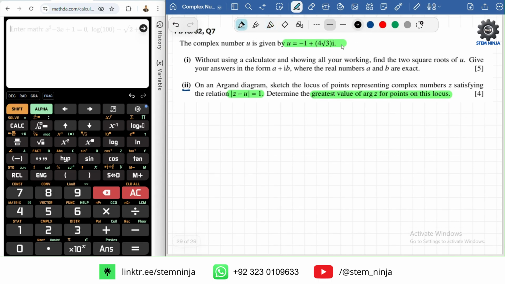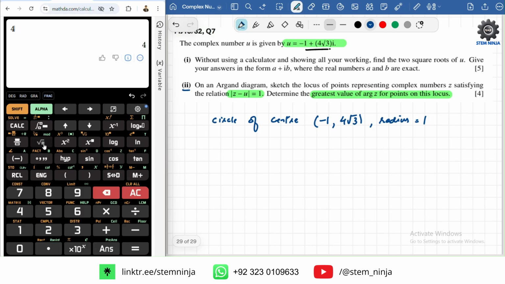So basically this is the center of the circle, a circle of radius 1. So this is a circle of center minus 1 and 4 root 3, radius 1. Okay, just to have 4 root 3 over there, 4 root 3 is almost 7 basically.